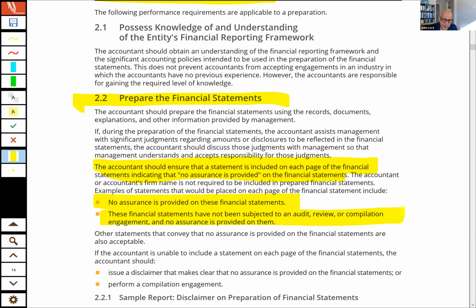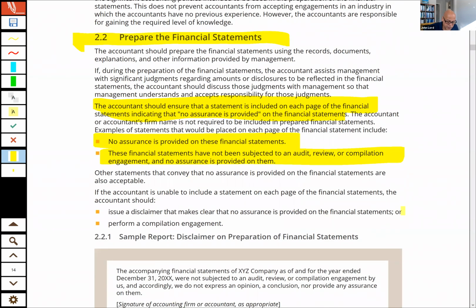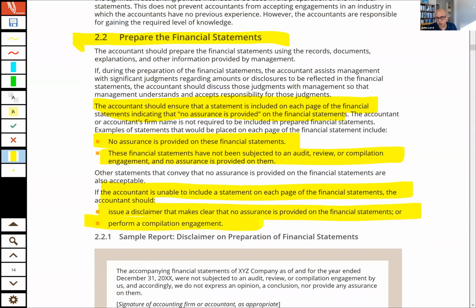Typically what we're going to see is when we write the report, there's no report in this case, but when we write the reports, we often call out the higher level of services. So the standard is just telling you here, if you're doing a preparation, you're not doing these other engagements. Now, if the accountant is unable to include a statement on each page of the financial statements that no assurance is being provided, you'll have to issue a disclaimer to those financial statements that there's no assurance, or move to a compilation engagement in which you'll say that in the compilation report.